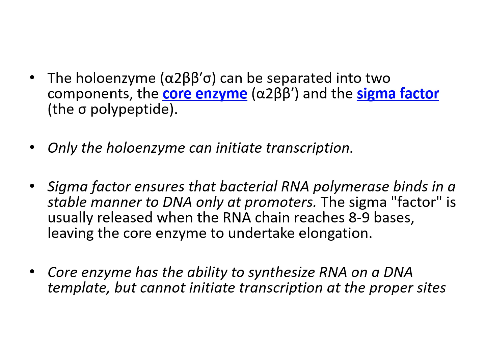The function of the sigma factor is to bind in a stable manner to the DNA at the promoter, because the sigma factor can direct the core enzyme to the core promoter so that it will be able to initiate the transcription.